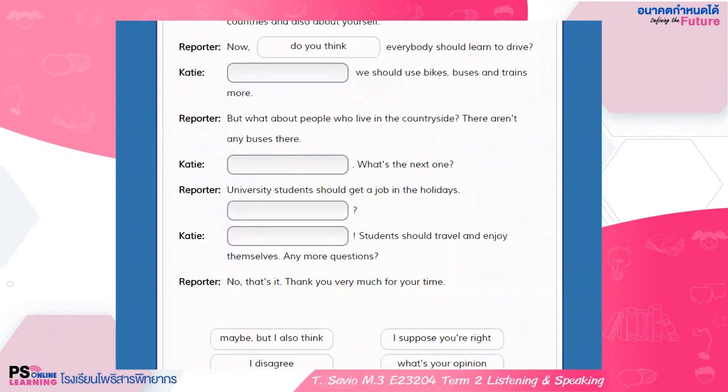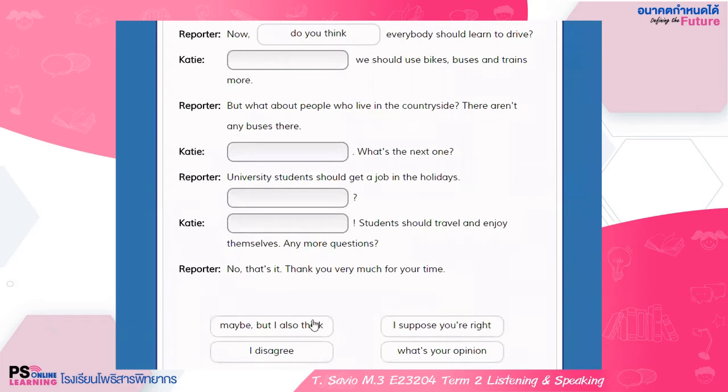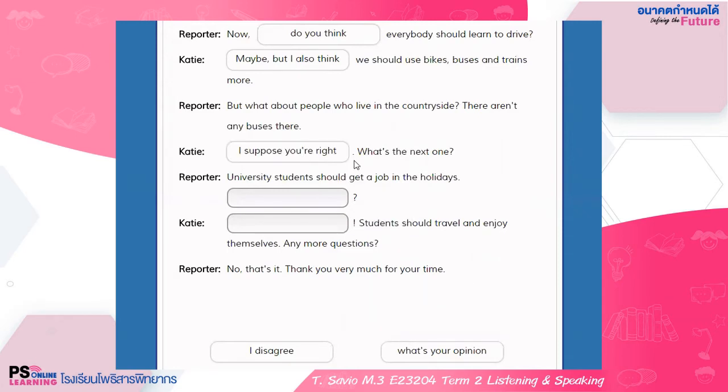And Katie says, maybe, but I also think we should use bikes, buses, and trains more. Reporter then asks, what about people who live in the countryside? There aren't any buses there. Katie replies, I suppose you're right. What's the next one?